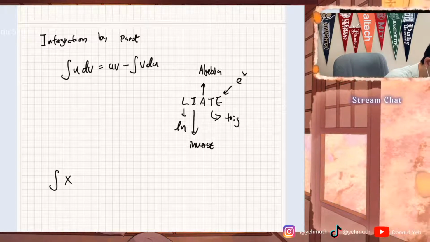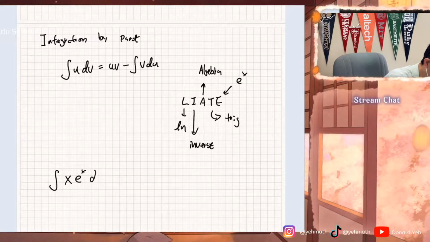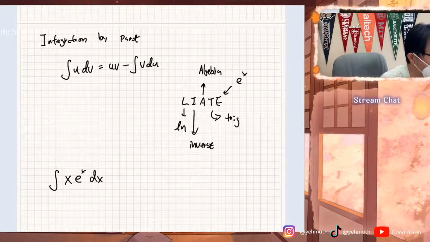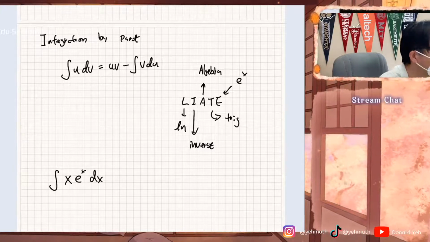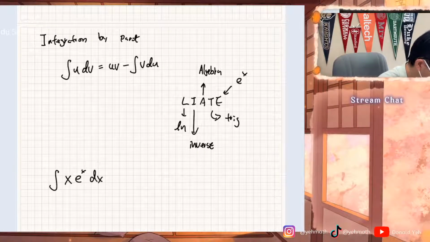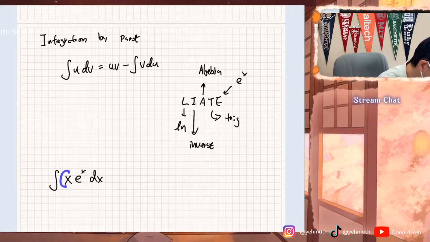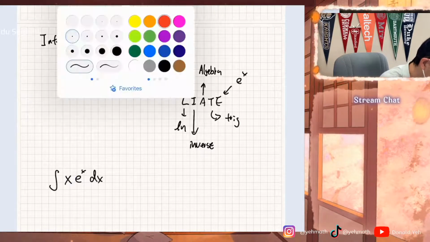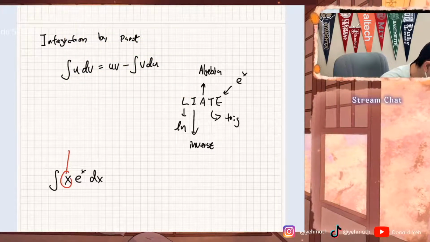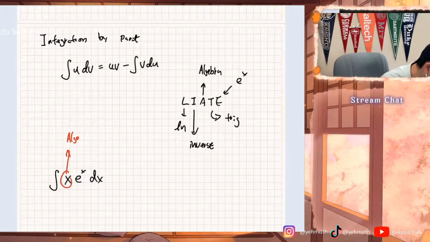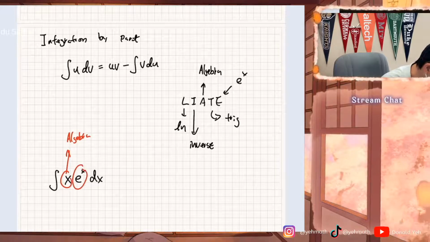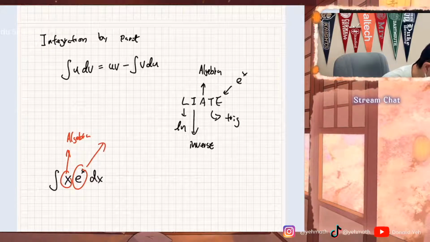So the first thing is this case, which is x e to the x. Now, if I want to take the integral of x e to the x, you should see that this is algebra, right? And this is e to the x, right?